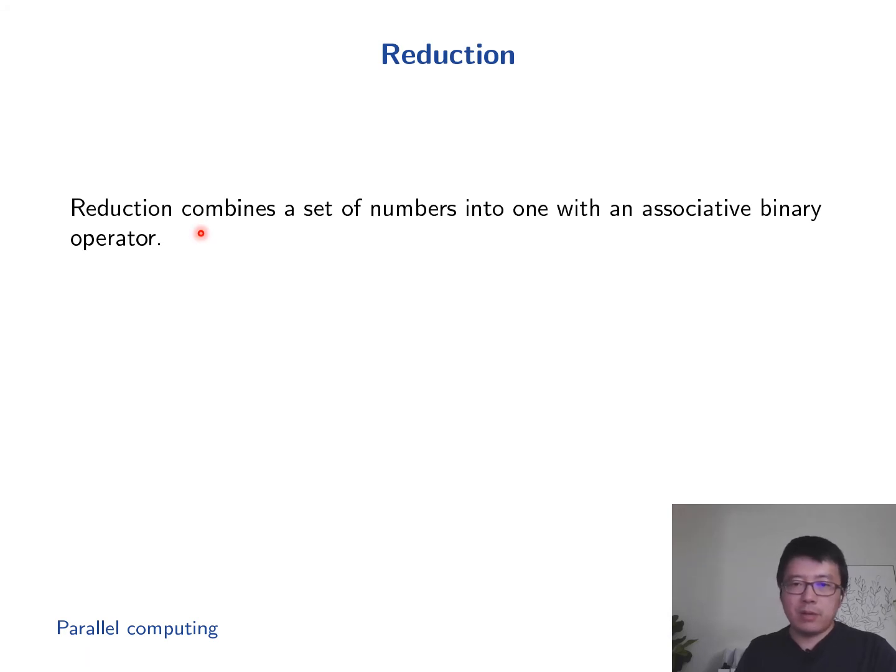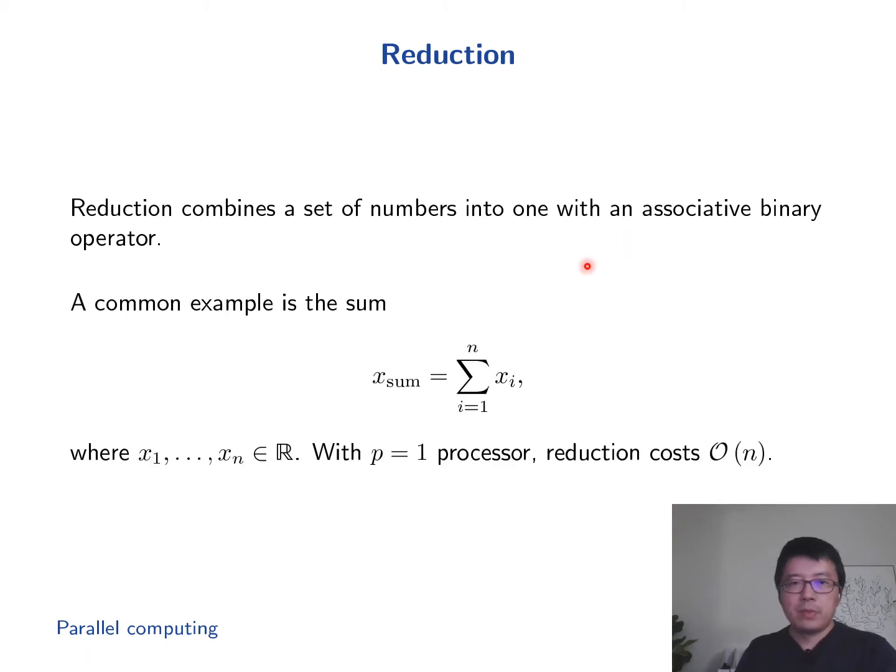Reduction is a basic operation in many parallel algorithms. It is defined as combining a set of numbers into one number with an associative binary operator. The most common example is to compute the sum or the average, given n numbers. With p equal to 1, reduction costs O(n), and we hope with p greater than 1, the cost can reduce.